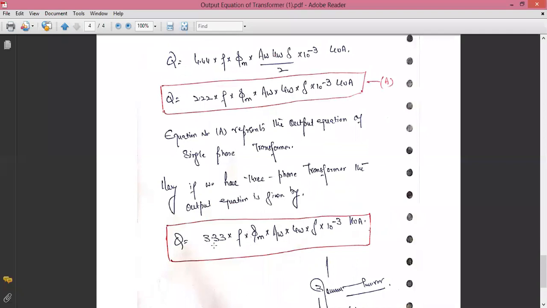So when you have to solve numericals, or design problems, or get a design for a single phase or a 3-phase transformer, you have to see whether the transformer is single phase or 3-phase. If it is single phase, you use Q = 2.22, and if it is 3-phase, you use Q = 3.33. So this is the output equation of a single phase transformer as well as of a 3-phase transformer. Clear?